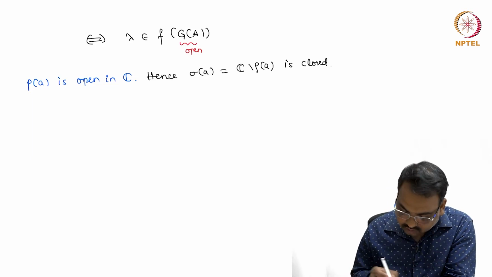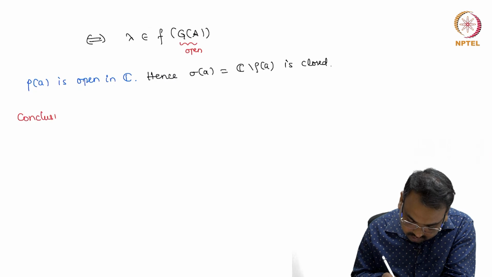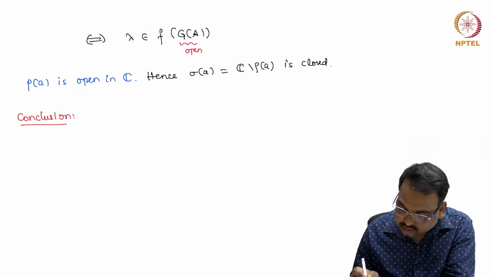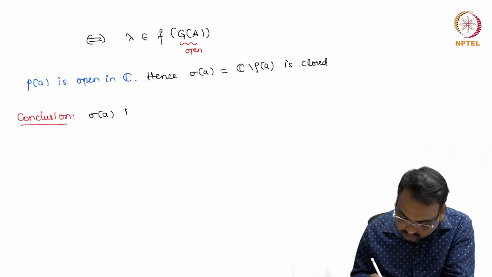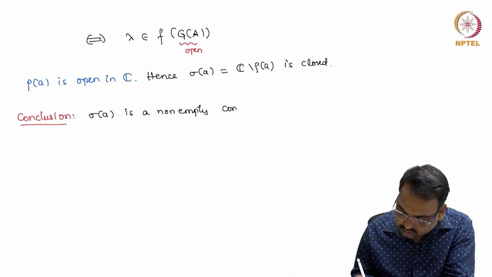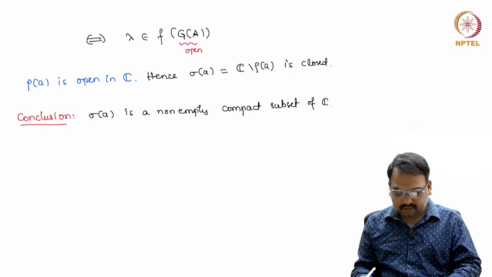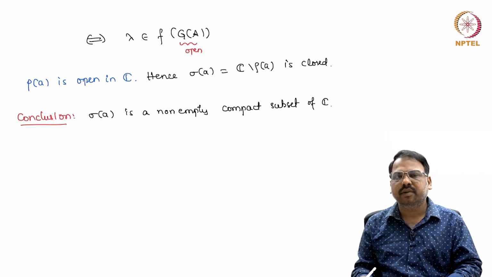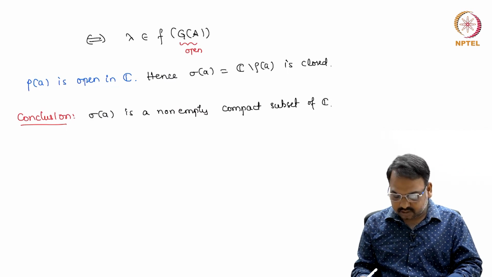So the conclusion from all these results is that the spectrum of A is a non-empty compact subset of C. So far we have discussed that the spectrum is a non-empty compact subset of C, and the Gelfand-Mazur theorem, which says that if A is a unital complex division Banach algebra, then it is isometrically isomorphic with C. So we will stop here. Thank you very much.